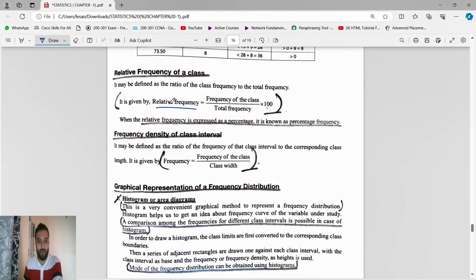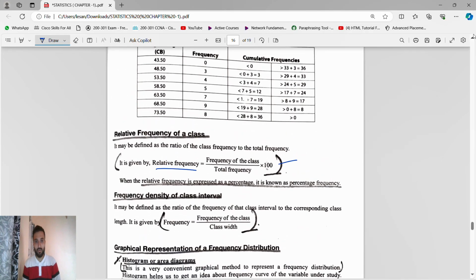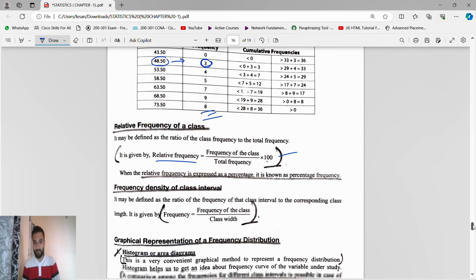Only remember the formula. Relative frequency is the frequency of the class divided by the total frequency, because every class interval has its frequency. So if you want to find the relative frequency of a class, take the frequency of that class divided by the total frequency.